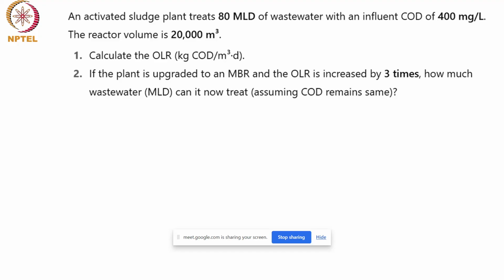Given is this, to find: first, the organic loading rate.